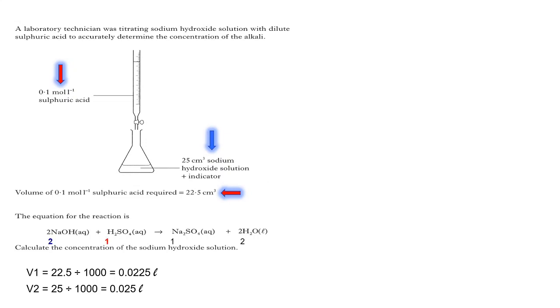Anyway, the second thing we look at is the number of moles. The equation is already balanced, so having 2 beside the sodium hydroxide means we have 2 moles. Having no number next to the sulfuric acid doesn't mean that we have 0 moles. It means we have 1 mole.